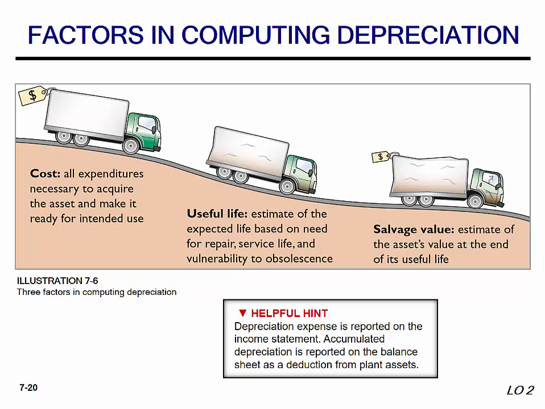So that's the number that I'm talking about here: all expenditures necessary to acquire the asset and make it ready for its intended use. We're going to grab that dollar amount and call that cost or historical cost. I'm going to differentiate that number from something else we have to calculate. So make sure that you're writing down historical cost, or HC, for that particular value.